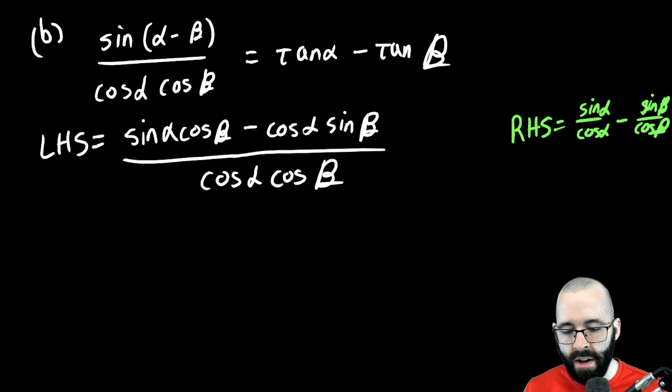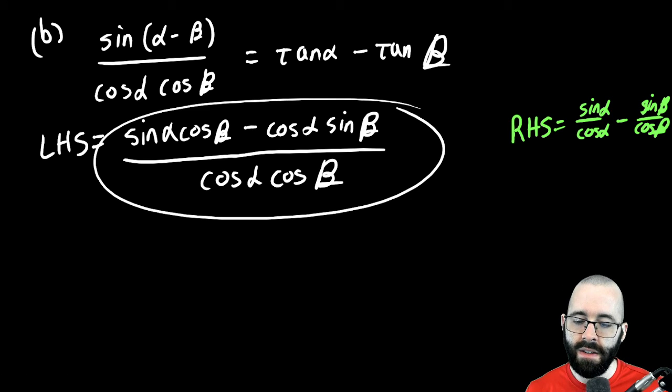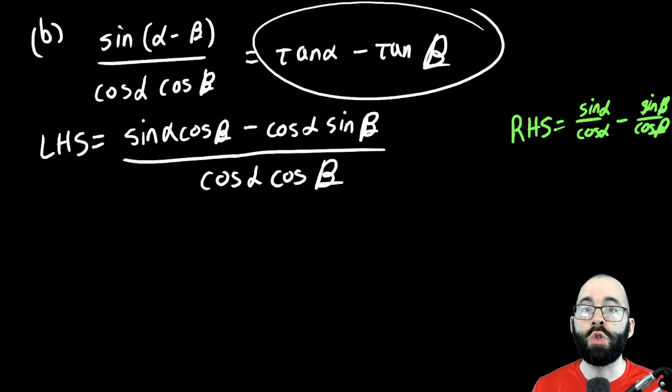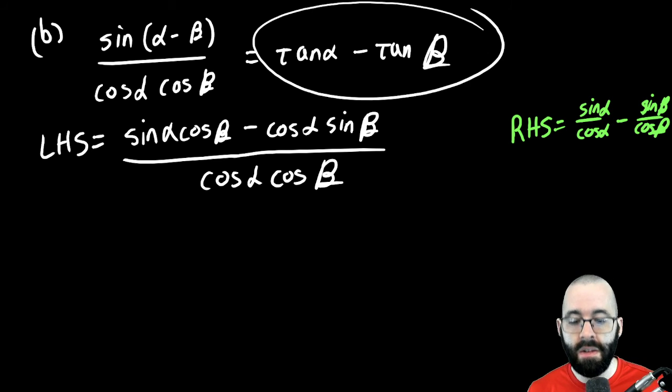So another strategy, another thing to think about and look for here, even if you did not do the green thing, you could say, well, I have a single fraction here, but where I'm trying to get to should have just something minus something else.